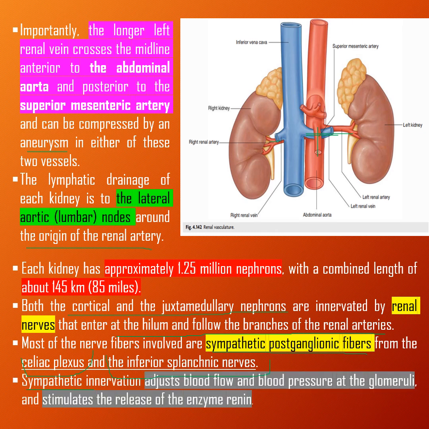The sympathetic innervation adjusts the blood flow and the blood pressure at the glomeruli and stimulates the release of the enzyme renin.